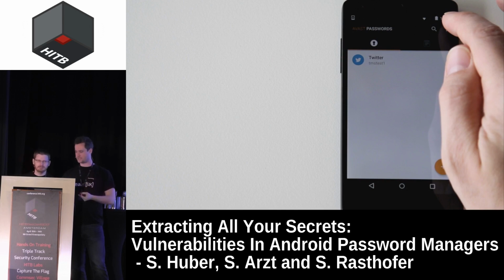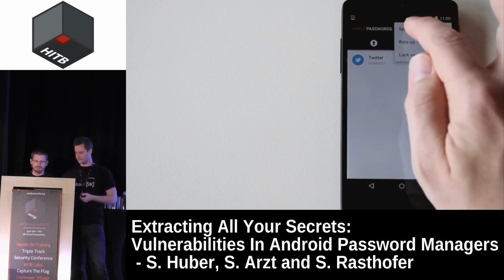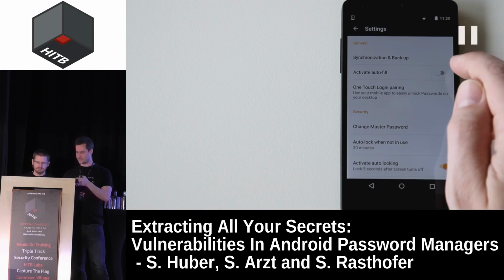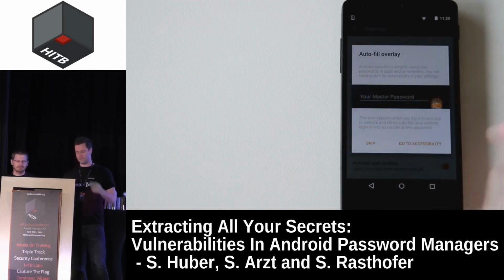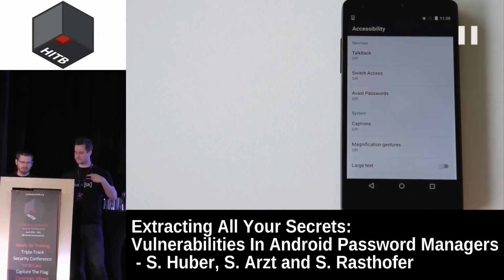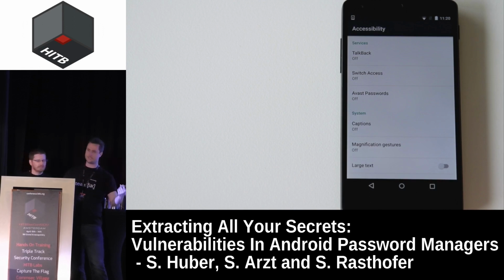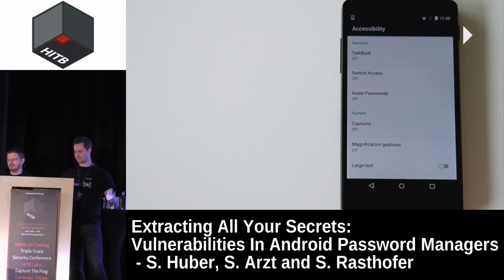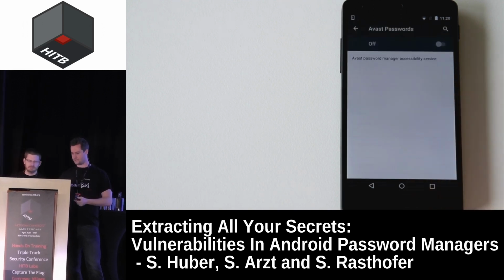For this, we have to register the accessibility service. It's in the settings, this activate autofill, you see it here. It adds the master password, and now it says, you need to register the accessibility service. Now we are basically in Android. In Android, you have to explicitly register this accessibility service, which is a good thing.